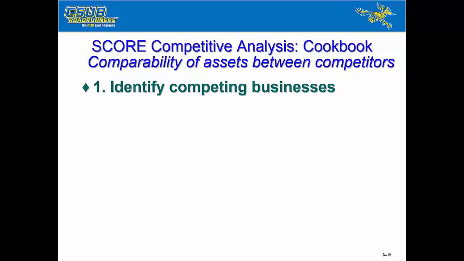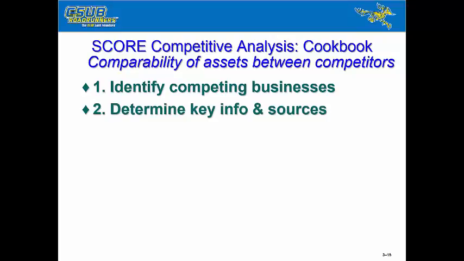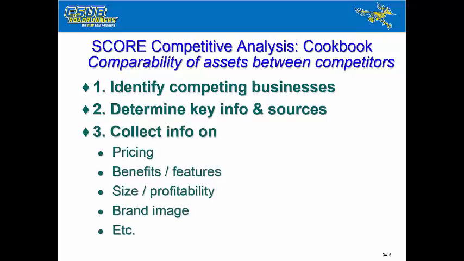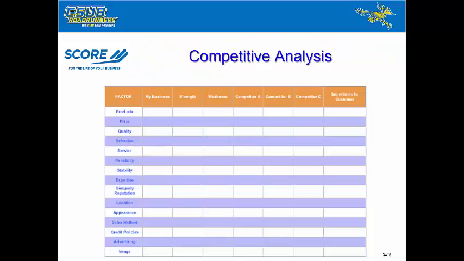So first thing in this model is to identify competing businesses, then determine key information and sources, and collect information on pricing, benefits and features, size and profitability, brand image, anything else you can think of. And then put it together in a template that looks something like this. So you've got product, price, quality.